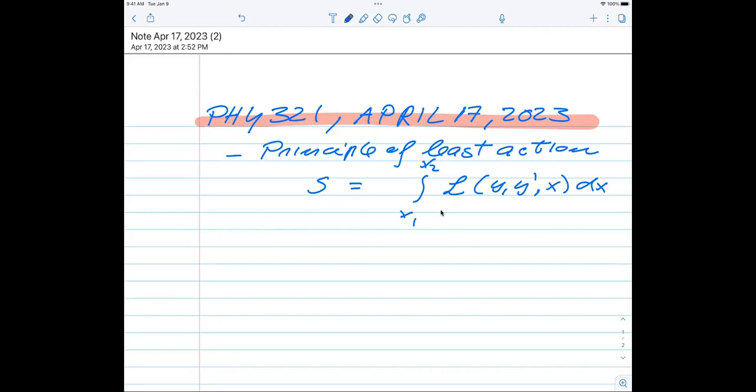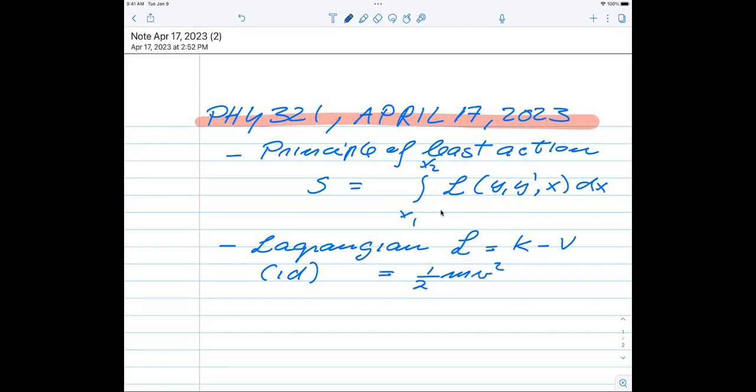What we have done is also to introduce a Lagrangian, and with that one we can derive the equations of motion. This is given by the kinetic energy minus the potential energy. If we're just staying in one dimension, this is 1/2 m v squared minus some potential which depends on x.